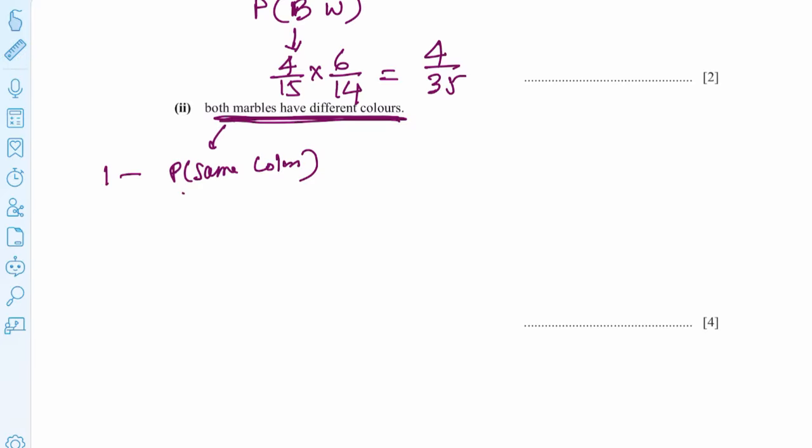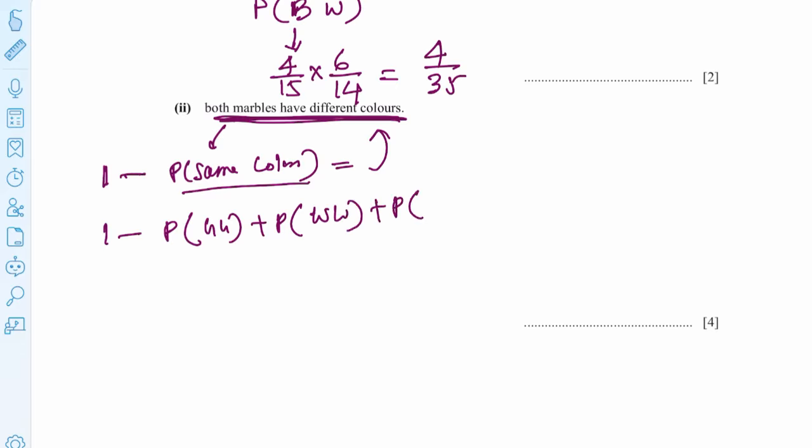Whatever you get is the probability of different colors. Now the probability of the same color means the probability of green and green, plus the probability of white and white, plus the probability of black and black. Do you understand clearly?